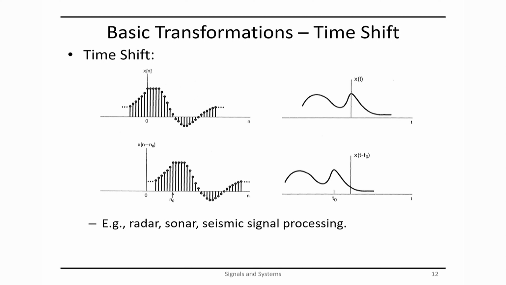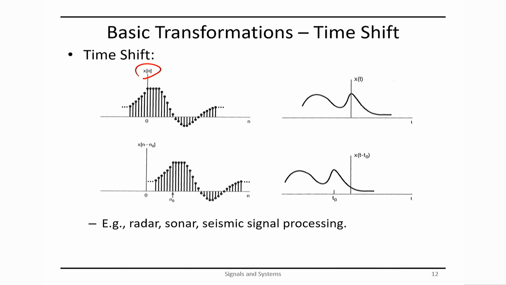The time shift transformation basically corresponds to shifting the original signal, either to the right or to the left in time, okay? So suppose that you have this discrete time signal x of n here, okay? So suppose you have this original signal x of n here.